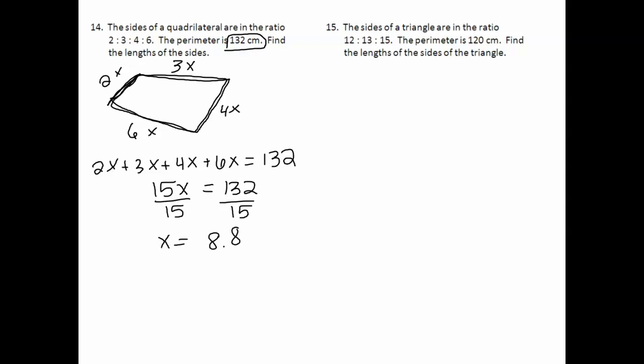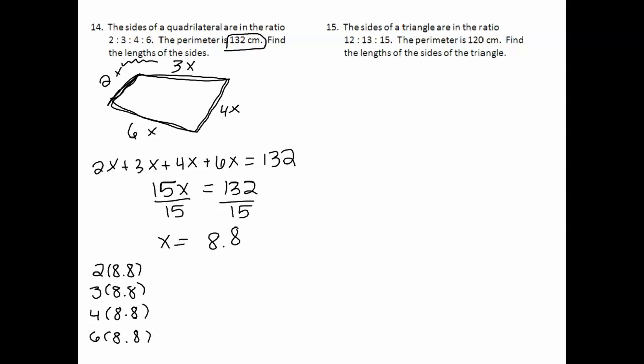It says to find the lengths of the sides though. X isn't the length of the sides, x is the value of x. So the lengths of the sides are 2 times x, 3 times x, 4 times x, and 6 times x.